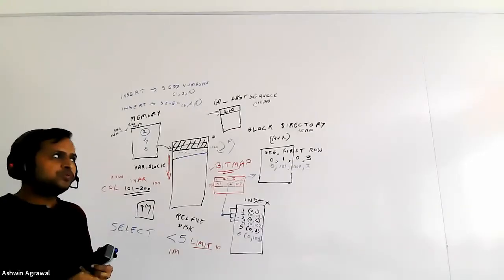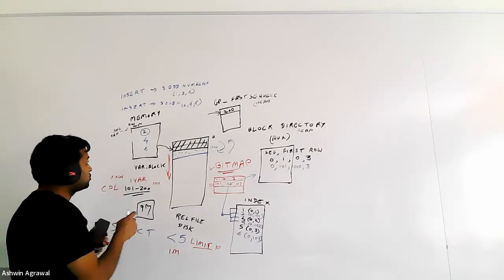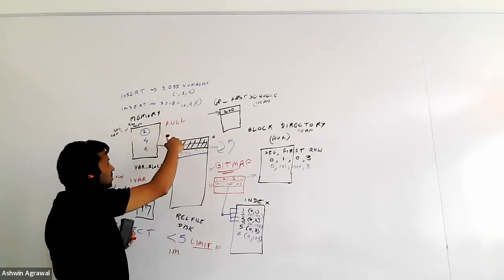I have a question. When we do an insert, if we haven't filled the varblock in memory, do we always flush the block to disk? There will be two cases where we flush. One is if the block is full, then we flush and write it.